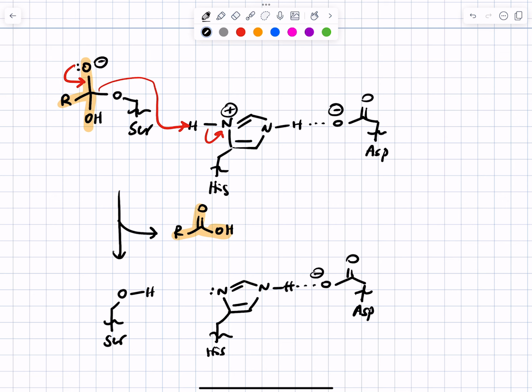We're now ready to go again with another amide bond. So if you're a peptide that's hundreds of residues long, this enzyme has to bind here and clip this amide bond, and then it's going to bind here and clip this amide bond, and here and clip this amide bond. You've got a lot of amide bonds to hydrolyze.